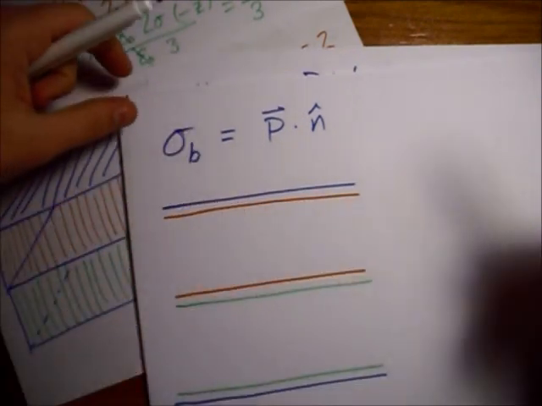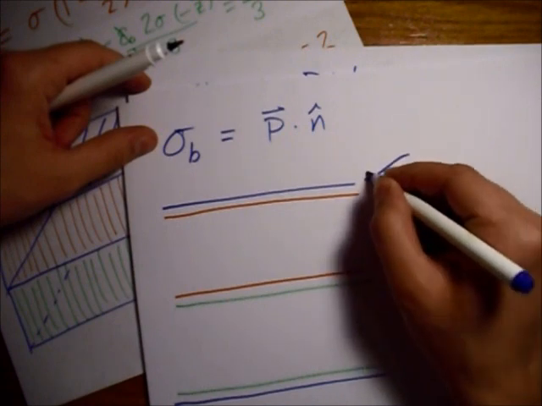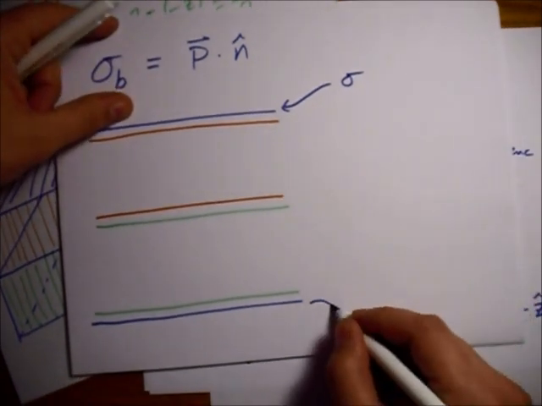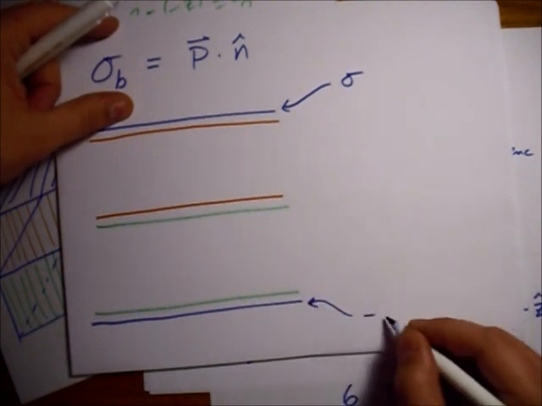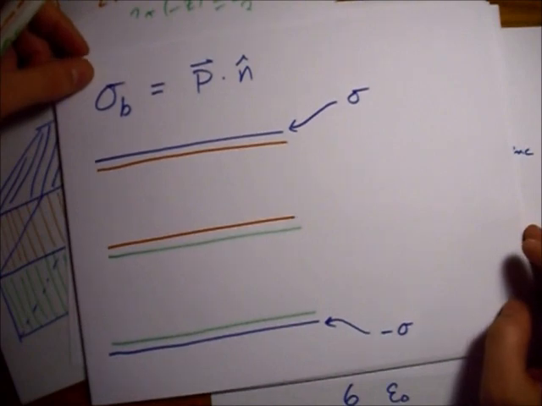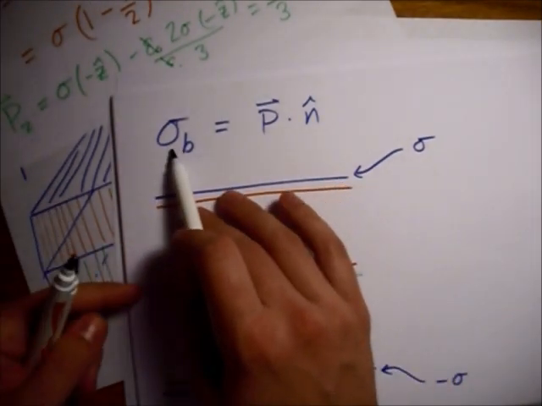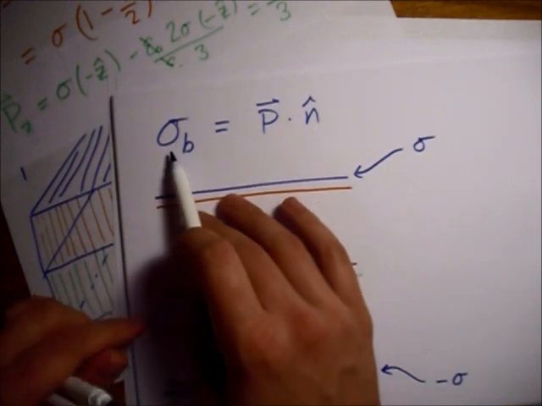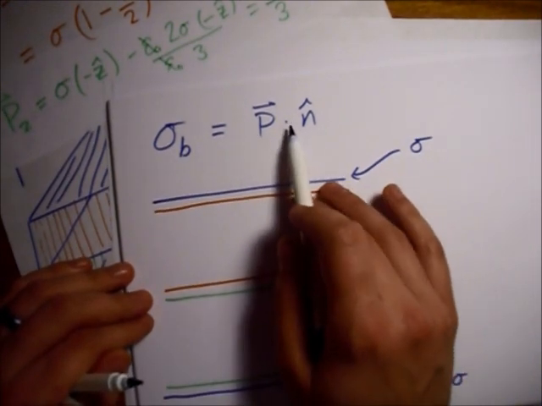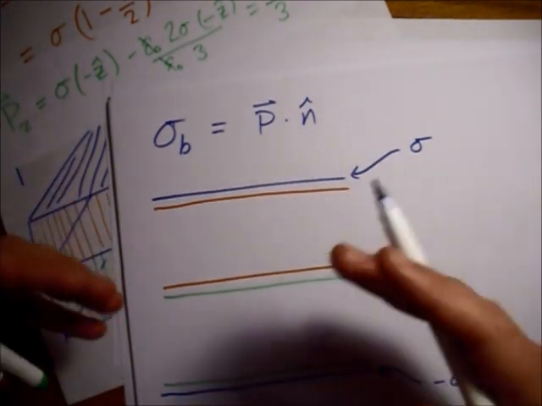Let's write in our free charge surface densities really quick. There's a sigma up here and a minus sigma down here. Now again, what this equation tells us is that the bound surface charge density will just be the polarization, and this dot thing is just to help us keep track of the sign.